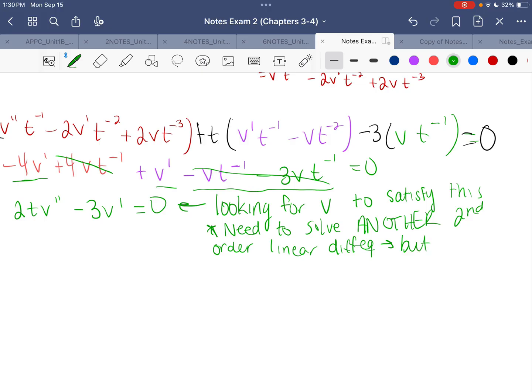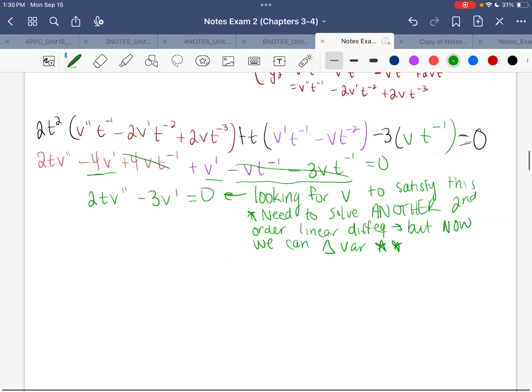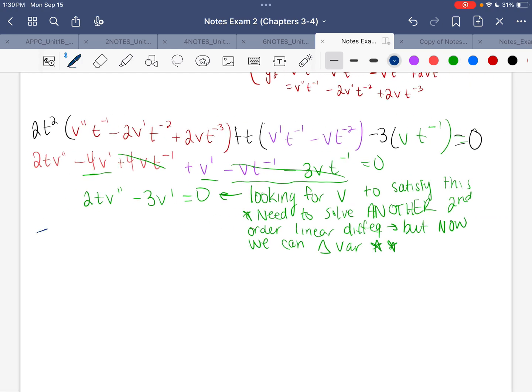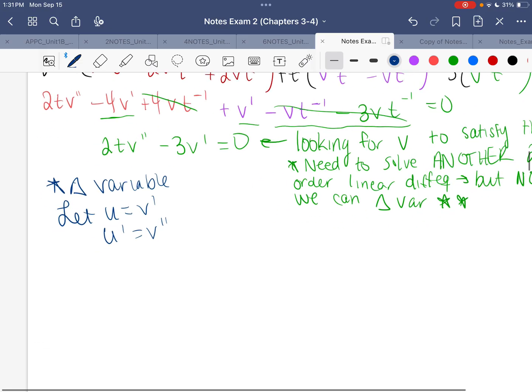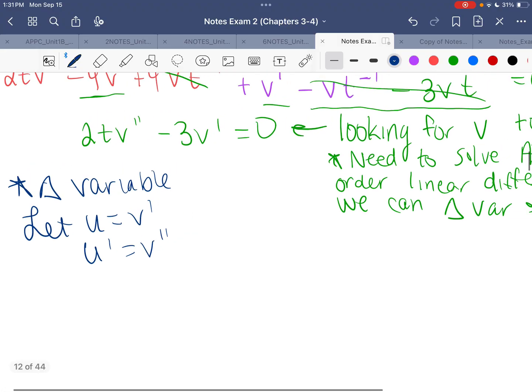But now we can just change the variable, which is just kind of something cutesy that we're going to do. We're going to let u equal v prime. So that means u prime is equal to v double prime. So it's just a simple substitution. So it means we have 2t u prime minus 3u equals 0.